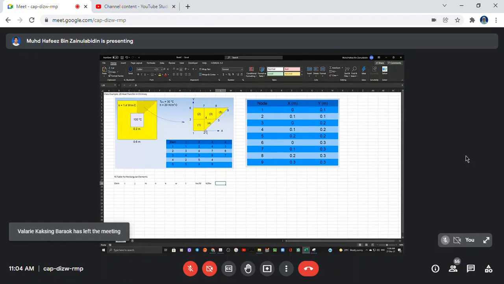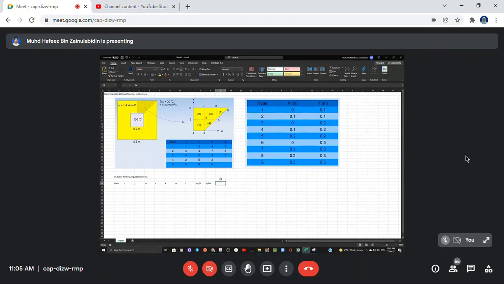The distance from node 1 to node 2 is 0.1. The distance from 2 to 4, or 1 to 3, y coordinate 0.1, 0.2. 0.2 minus 0.1, we get 0.1. That means it is a square shape rectangle.